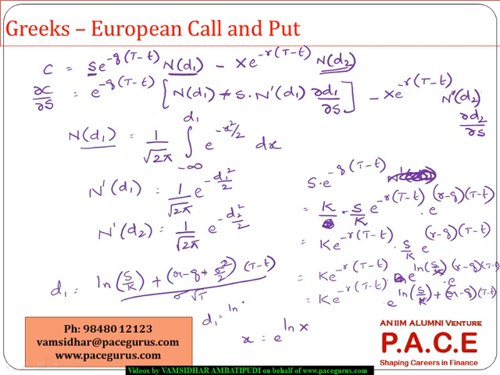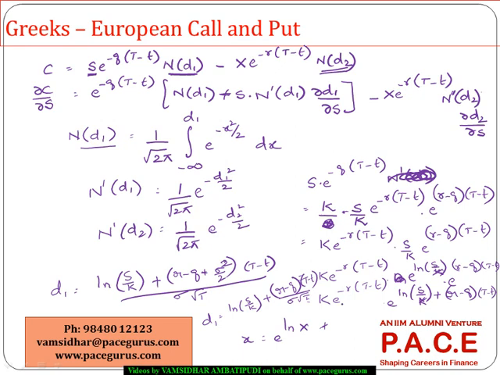d1 is log S by K plus r minus q into T minus t, by sigma root T minus t.